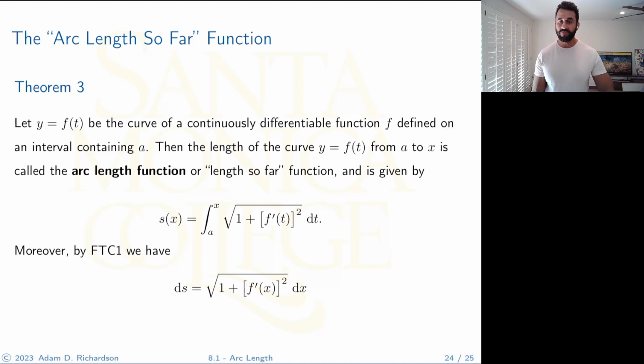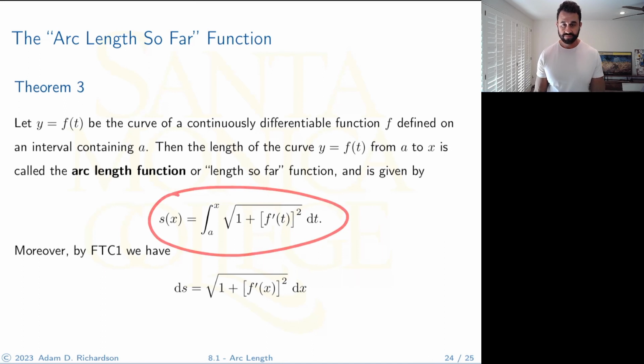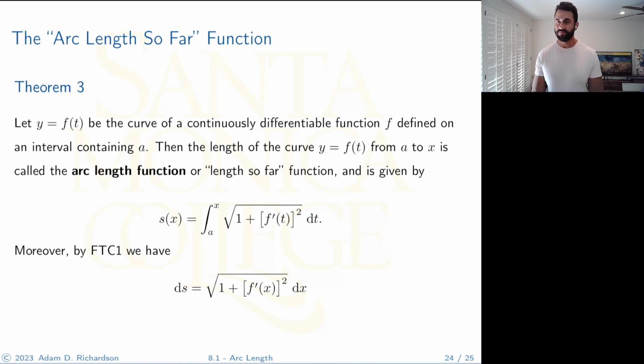Then the arc length function, or the length so far function, is given by this integral. So this is just the length of the curve from a to x. And then as you let x vary, you get a different length. Okay? That's really what it is. It's just the arc length so far. Remember, we had the area so far function. Now we've got the length so far function.